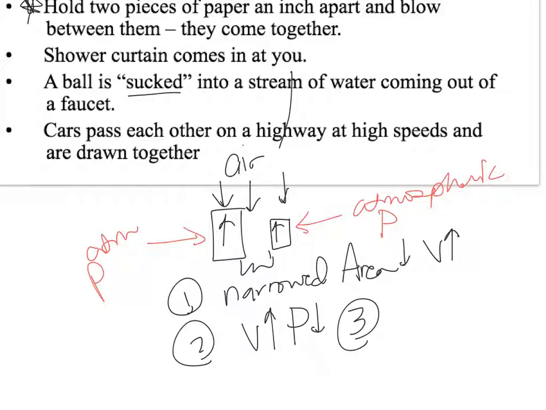So first of all, talk about the fact that the area between the two vehicles is narrowed, and a cross-sectional area that's lower leads to a high-speed fluid flow, velocity. A high-speed fluid flow leads to a low-pressure system. And thirdly, the atmospheric pressure on the outside pushes the two things in.